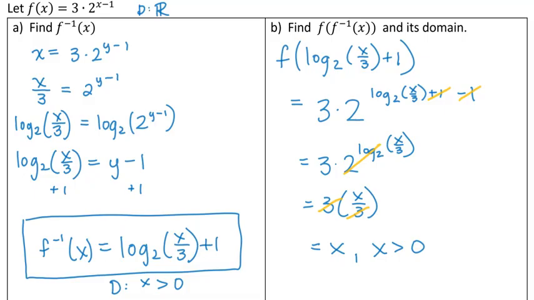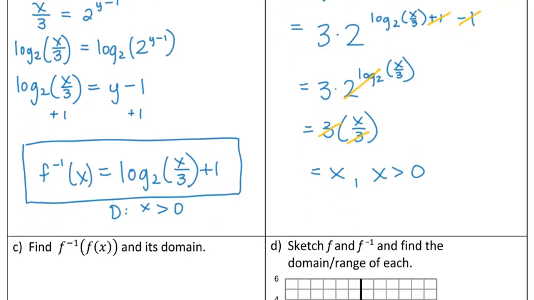The outer function is exponential, so it can take anything that we give it, so we're not going to lose anything on that step 2. So really here, if we check that inner domain, we should be in good shape and we shouldn't get into any trouble taking what we get from the log function and plugging it into the exponential. So this composition also has a domain x greater than 0.